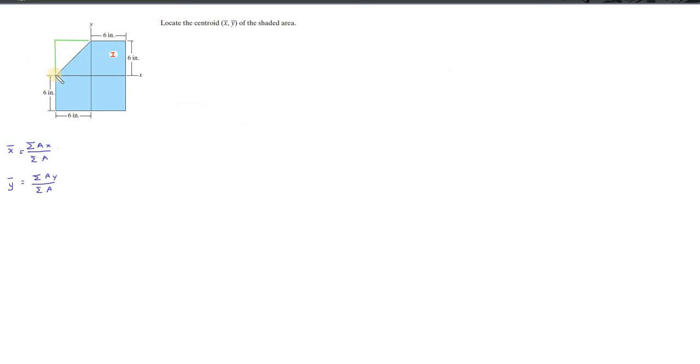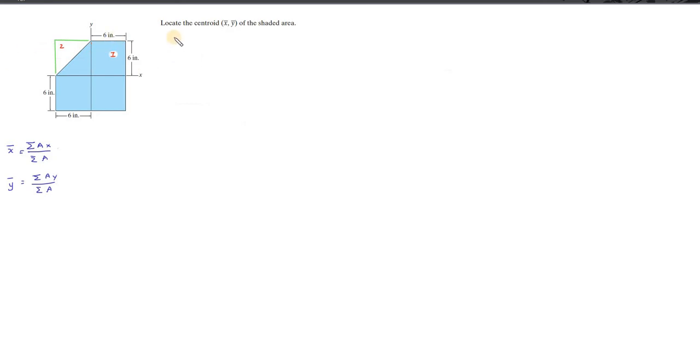And then this little triangle that I'm going to subtract out, I'm going to call section 2. I could also take this rectangle, this triangle, and this square in order to compute my centroids as well. I just think that working with two sections is a little easier for me.